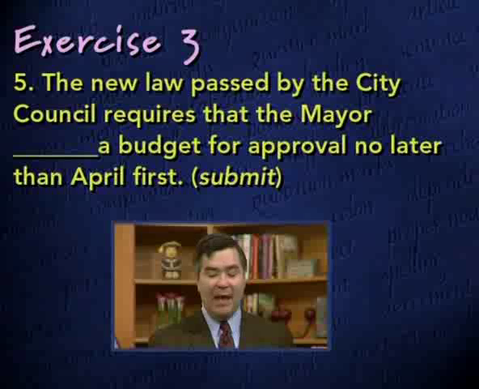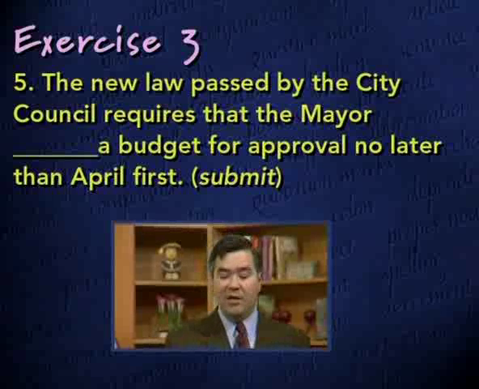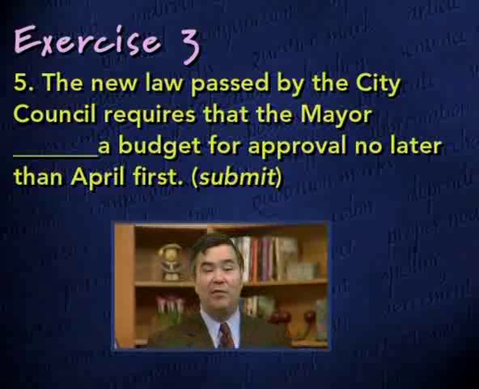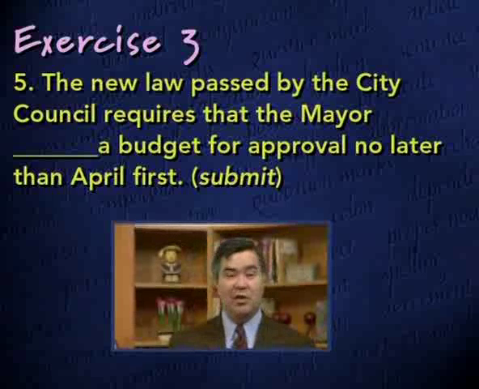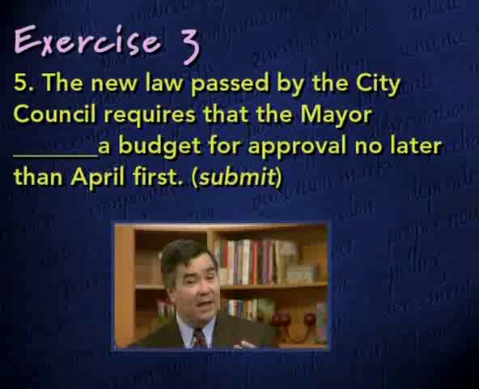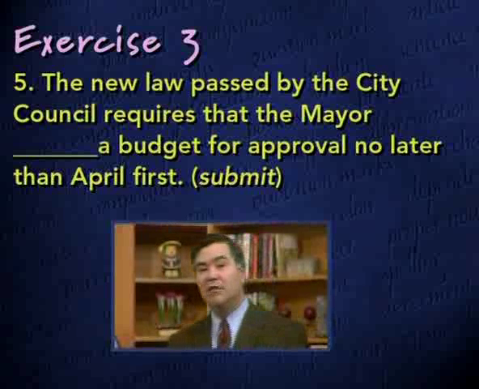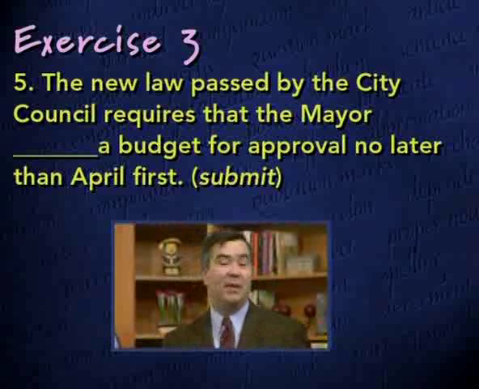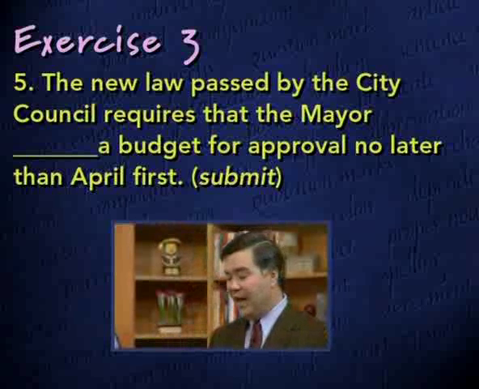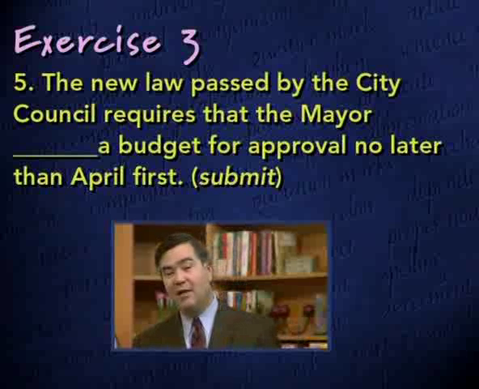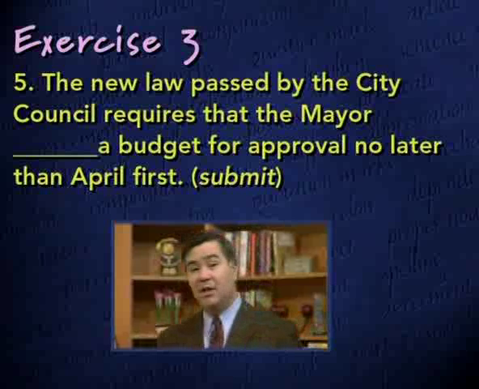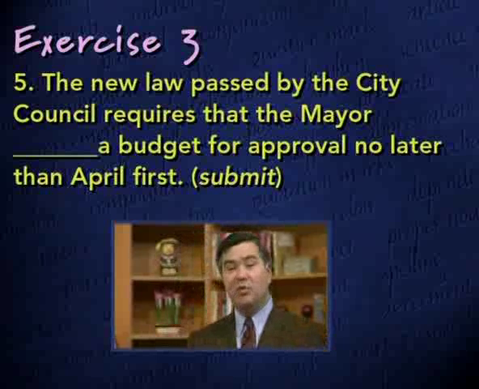The new law passed by the City Council requires that the mayor blank a budget for approval no later than April 1st. And the verb to be inserted is submit. Now, here again, we need the subjunctive mood because the sentence is expressing a formal request or recommendation in a clause beginning with that. Notice the word that there, and in this case, it's being couched as a requirement of the law. It is requiring that the mayor do something.